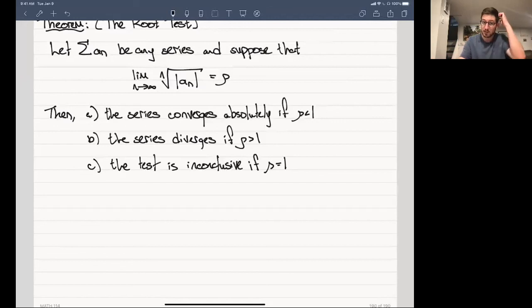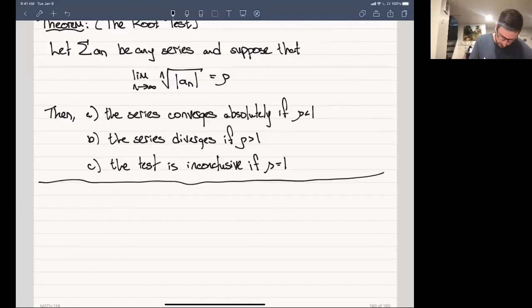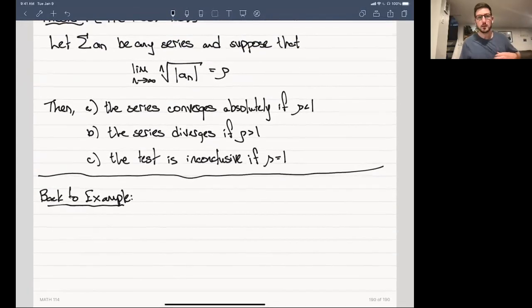We want to know if our sequence is convergent or not. So let's say, back to the example. In our case, we want to know if this thing converges or not. We're going to use the root test.